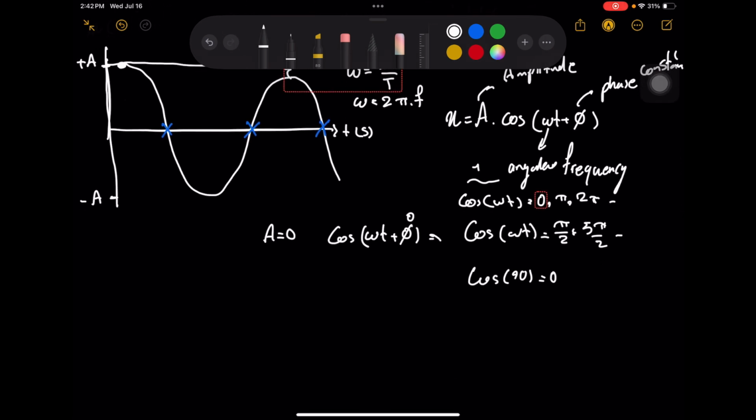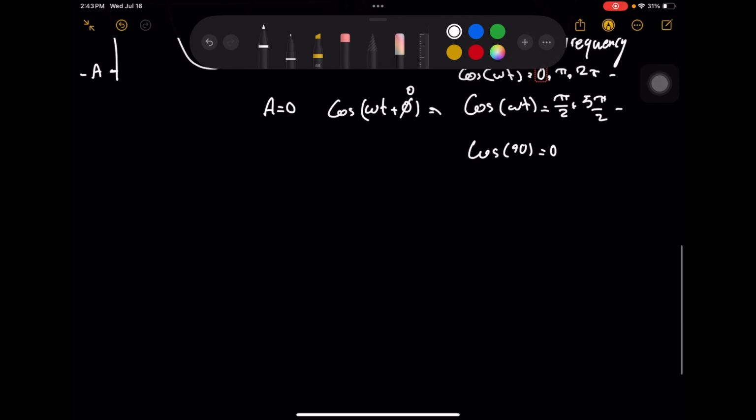We can relate Newton's second law to Hooke's law. How can we do that? What does Hooke's law say? It says that F, the restoring force, equals negative kx. And what does Newton's second law say? It says that F equals m times acceleration.